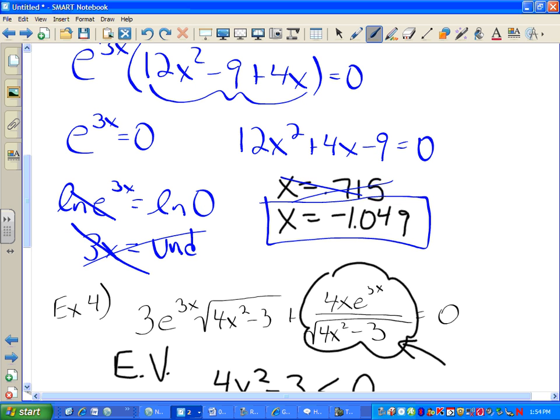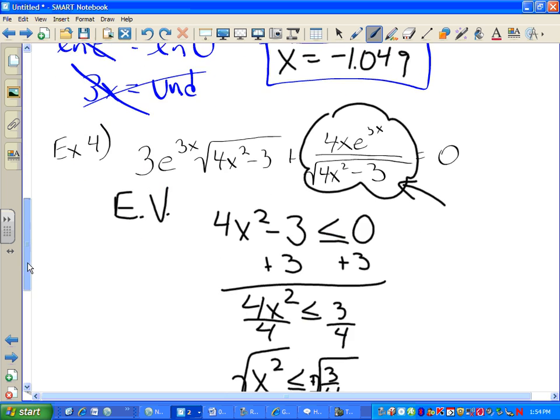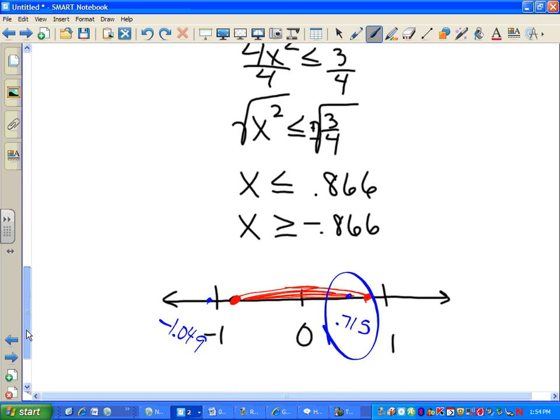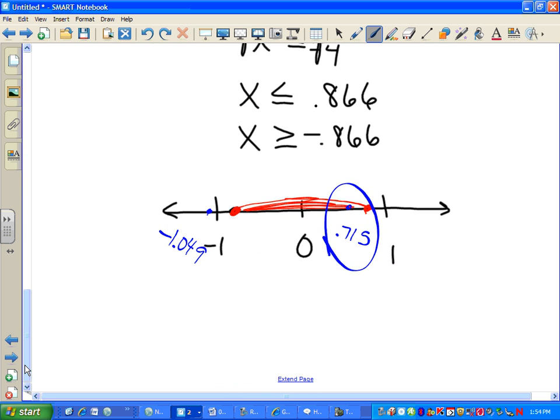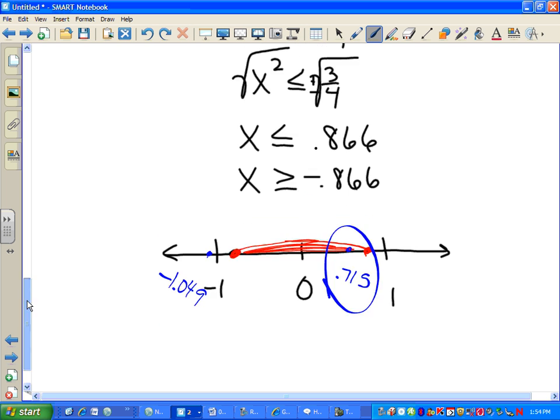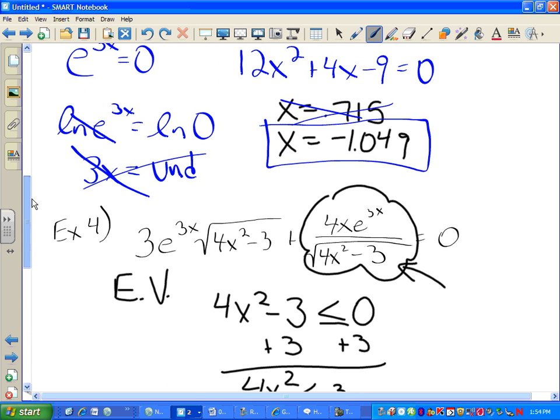Now, you might be asked to do this using the quadratic formula. If I ask you for an exact answer for the value of x, you would need to use the quadratic formula. Why don't you pause the video real quick and see if you can do the quadratic formula on that. I will write the answer right here.